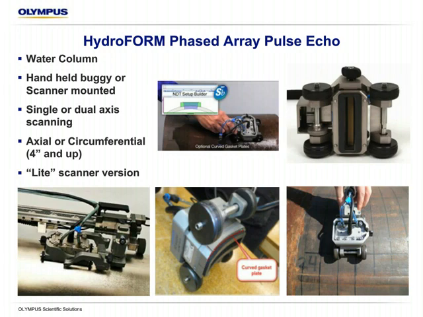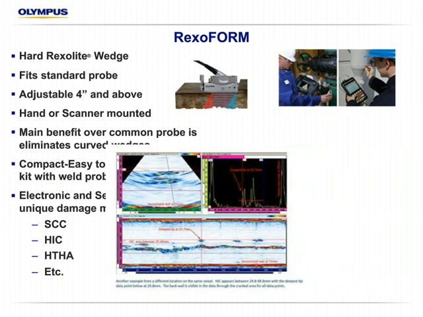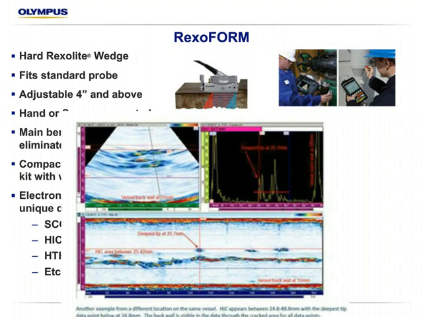This being a hard wedge, with our energies going from the front to back of this illustration, we can do a lot of flexible, say, -30 to 30 degrees at the same time as 0. For HIC and SEC and other things, it really opens up the full benefits of phased array beam steering without any limitation.